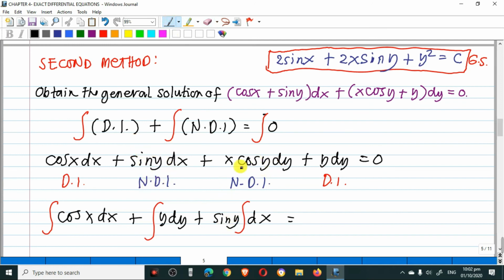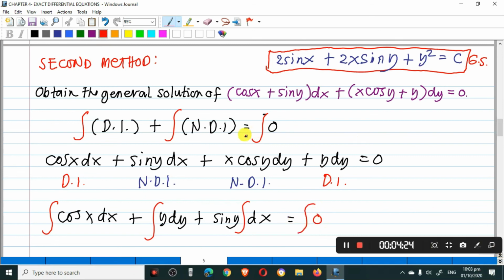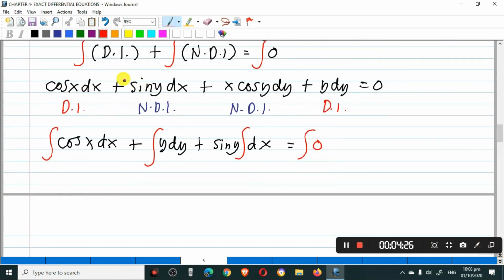Pwede mo rin piliin yung x cosine of y dy, same value rin ang makukuha natin ng sagot. So, since you are going to partially integrate this, yung dx mo, yung lahat ng hindi x, you will consider that as a constant. And this is equals to the integral of 0. Okay? Let us proceed dun sa ating integration.